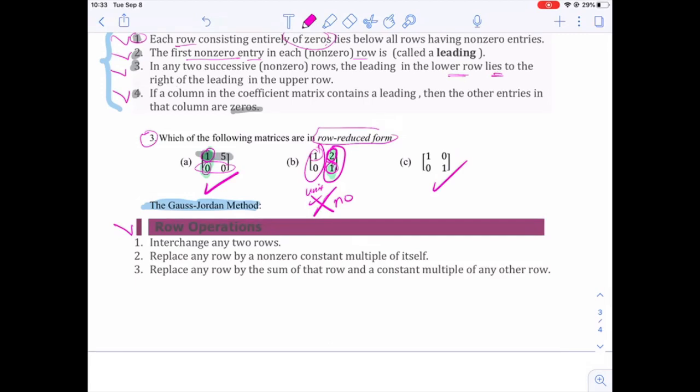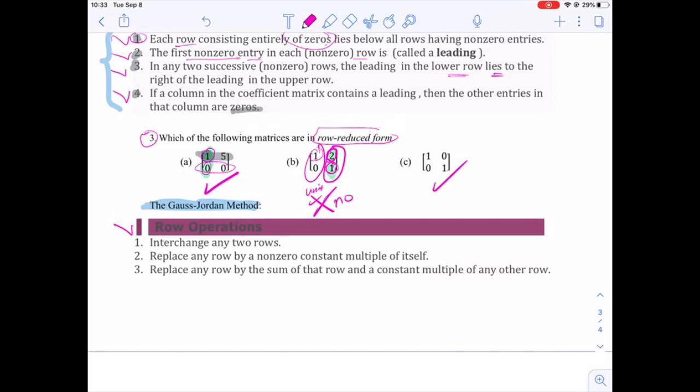How to satisfy those conditions? If we have a matrix that's not written in the standard row reduced form, we can do that in many cases by applying the following row operations, sometimes called basic row operations or elementary row operations. The elementary row operations are the following three.